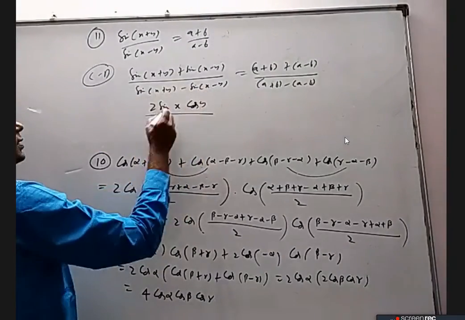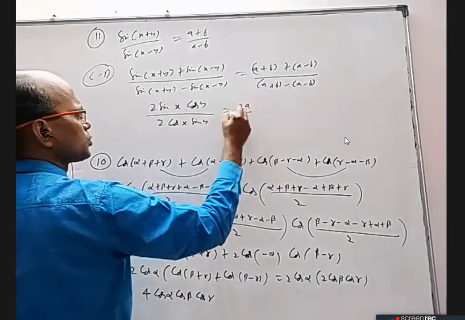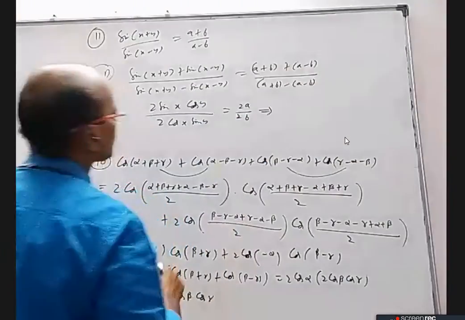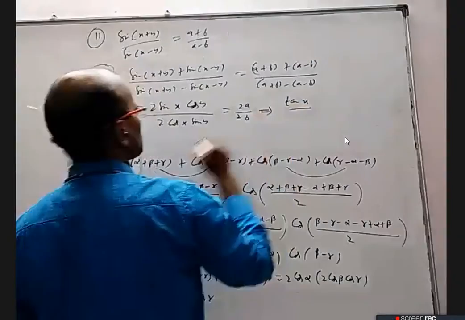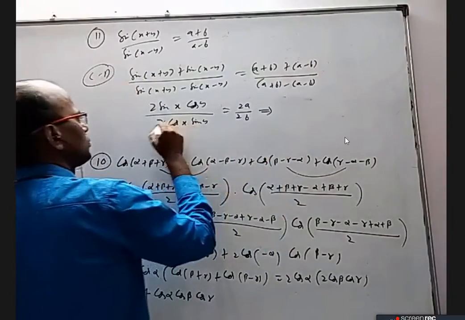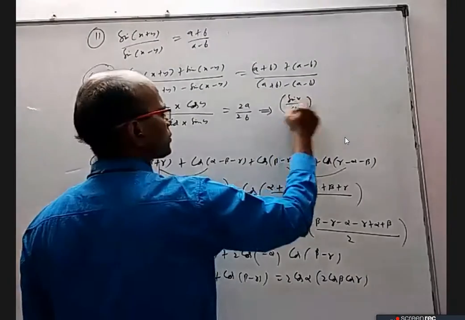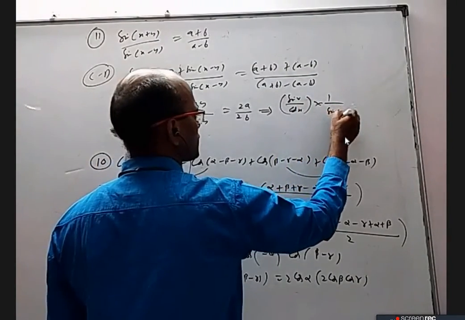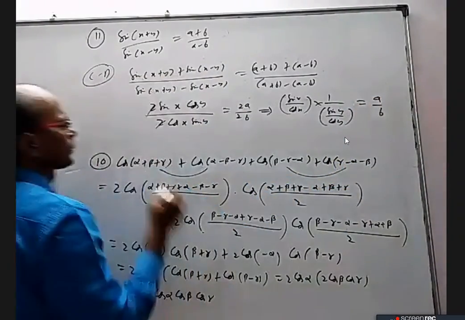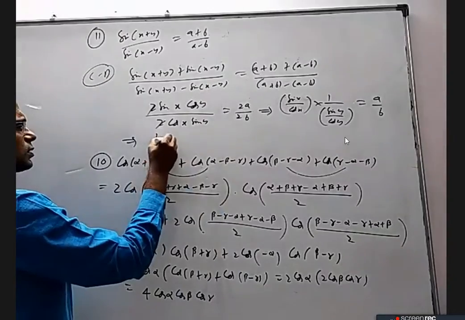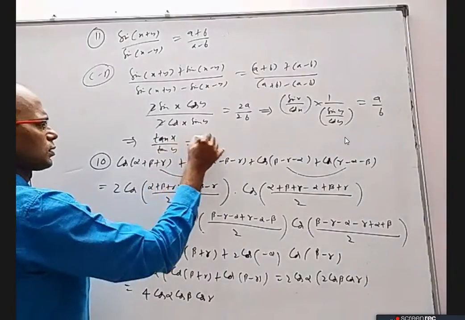Sin(A plus B) minus sin(A minus B) is 2 cos A sin B, so 2 cos x sin y. This is 2a and this is 2b. The 2 will cancel. So sin x by cos x into 1 by (sin y by cos y) equals a by b. That is, tan x by tan y is equal to a by b.